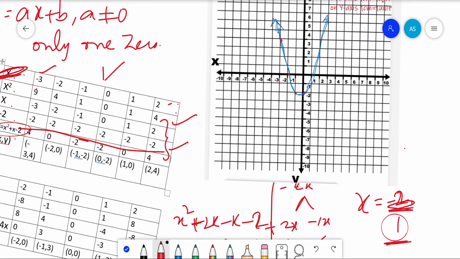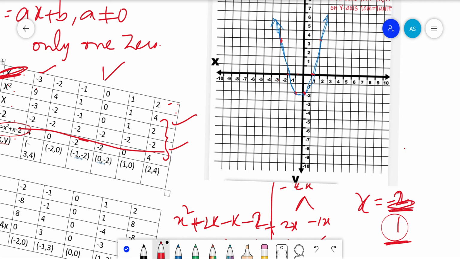And minus 2 comma 0. And minus 1 comma minus 2. And then 0 comma minus 2, on the negative y-axis. 1 comma 0 on the positive x-axis. 2 comma 4, 2 on x-axis and 4 on y-axis.